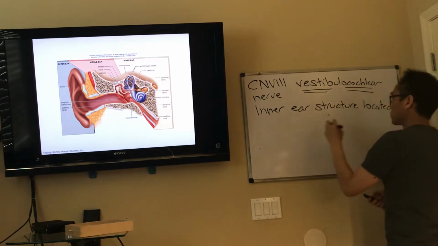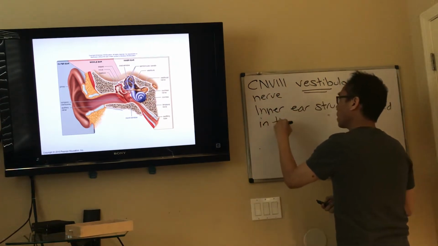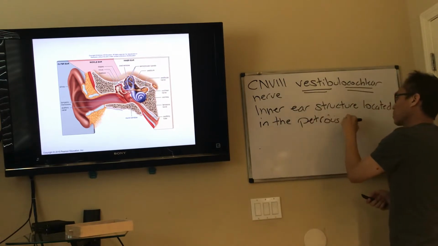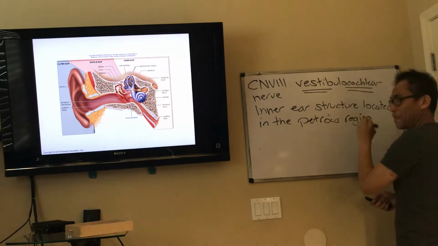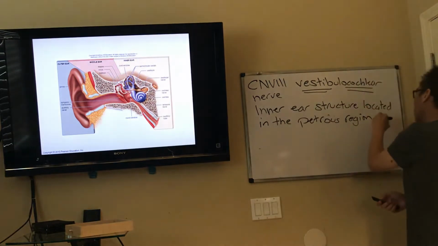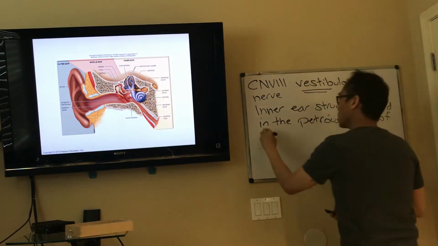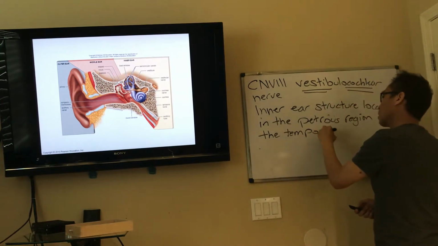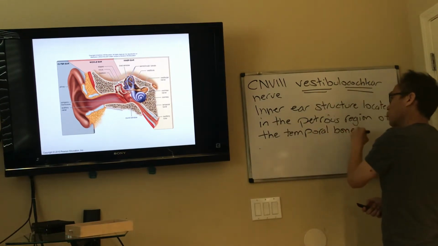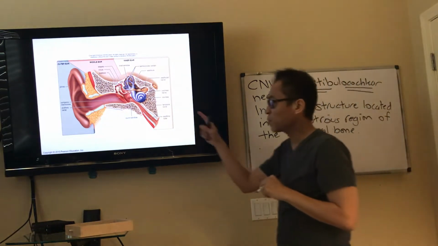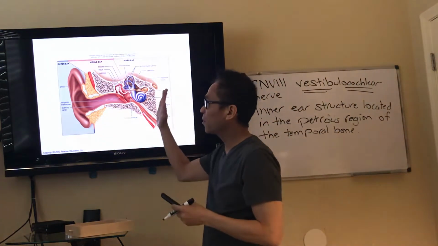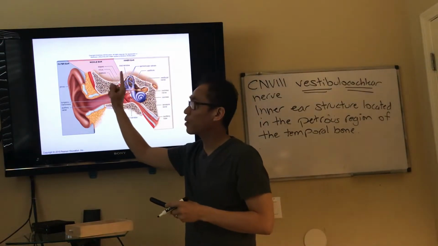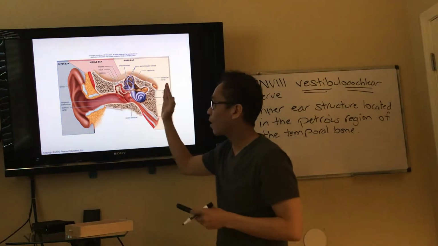So the inner ear structure is located in the petrous region of the temporal bone. So that's what we see here. As we go from inner to outer, we learn the other components of the middle ear and the outer ear. So I'm working our way from in to out.